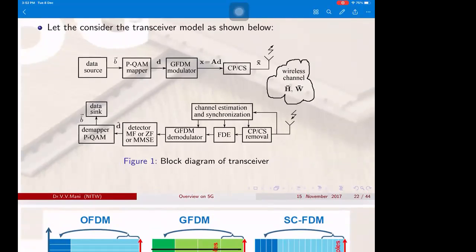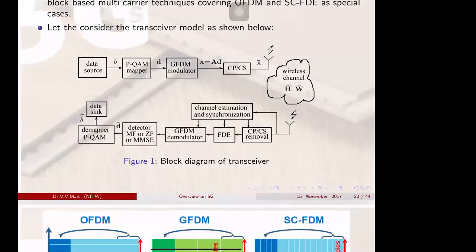That's my understanding. So here the difference is, the data source is the same. Any mapper, maybe QAM, PAM or BPSK, QPSK, any mapper we use is also the same. Instead of the OFDM modulator, it is replaced with a GFDM modulator. In OFDM we add a cyclic prefix, and in GFDM also we add a cyclic prefix, right?